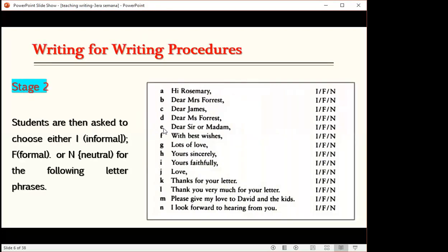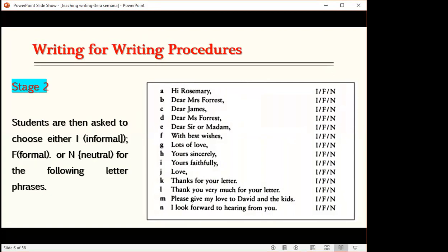Now here, what is the teacher going to do? Students are then asked to choose either I, informal, F, formal, or N, neutral for the following letter phrases. Again, what are you asking your students to do?